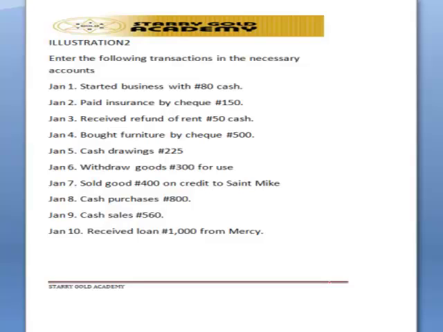January 6th, withdrew goods, 300, for use. January 7th, sold goods, 400 naira, on credit to St. Mike. January 8th, cash purchases of 800. January 9th, cash sales of 560. January 10th, received loan of 1000 from Mercy. So that is the question.